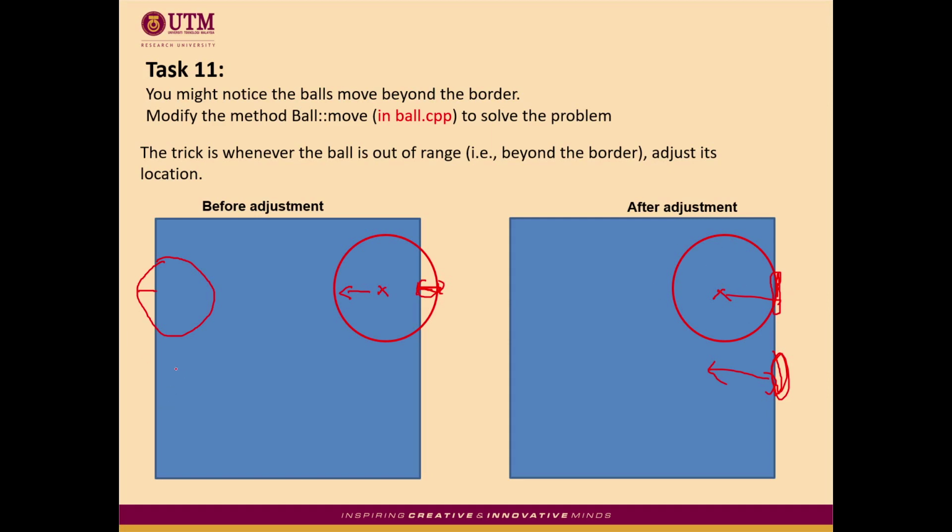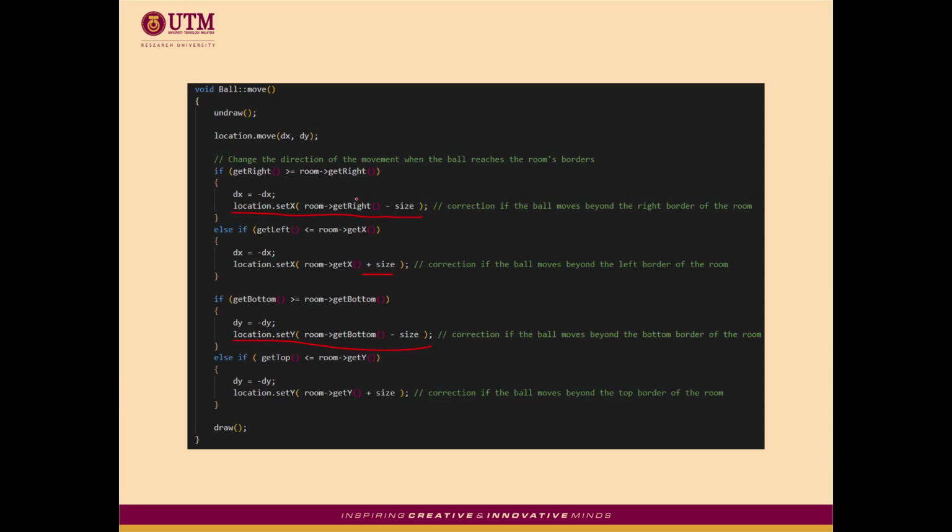The same goes to this, okay. So it's not about getting the distance here, but in fact we only test whenever the ball hits the wall, we always do this correction, okay.